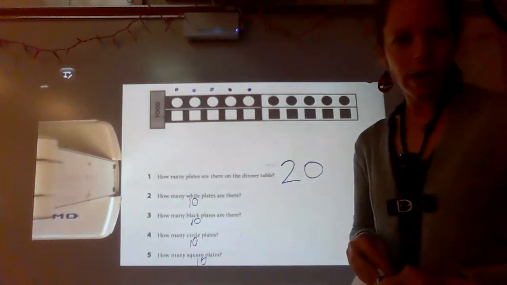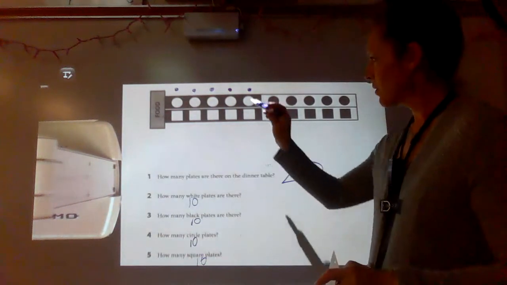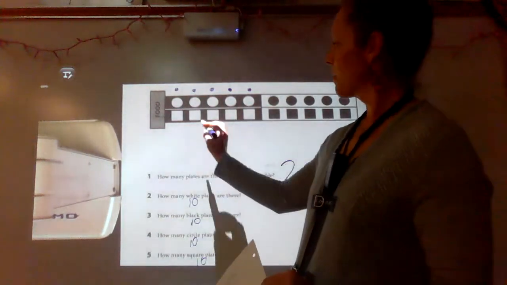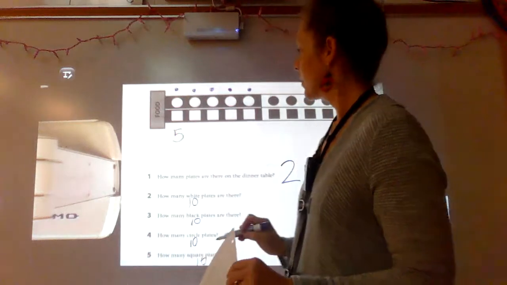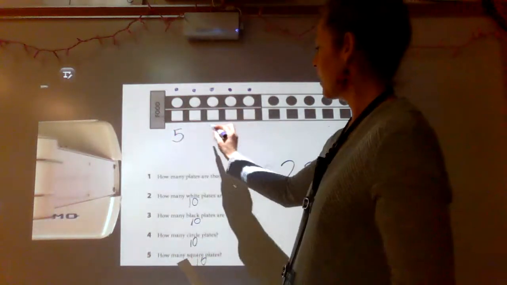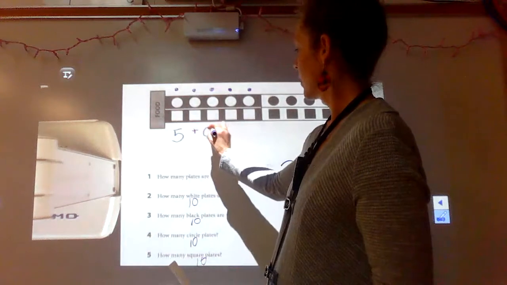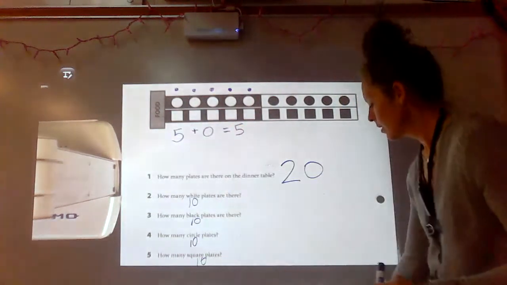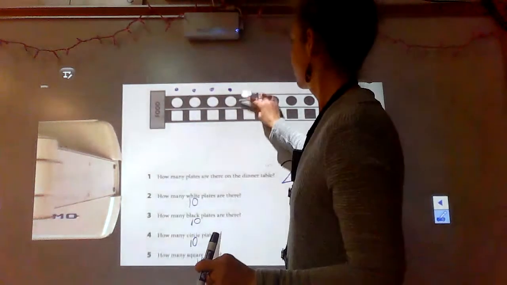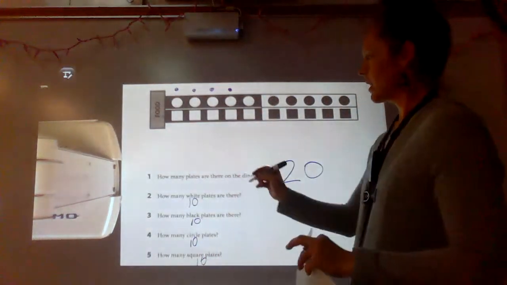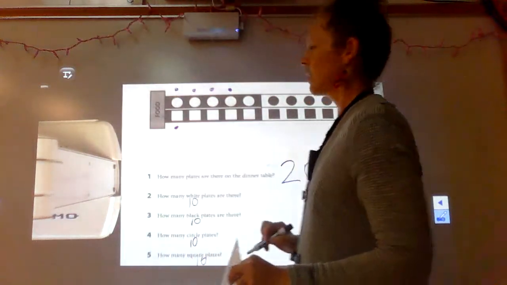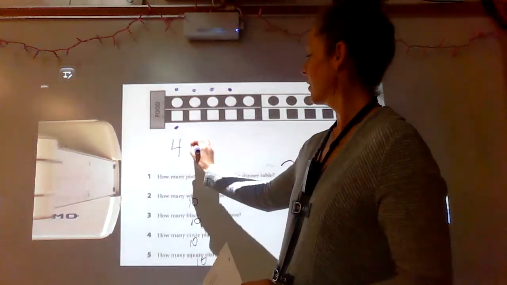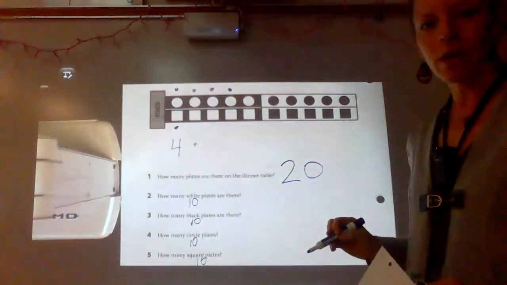If we were to write an equation for all the ways to represent those 5 people at the party, let's start with the one you see right now. We see 5 circle plates, 5 on the top row, plus 0 on the bottom row, and that equals 5. For the seating pattern where we had 4 people on the top with the circle plates, we would write 4 plus how many below?